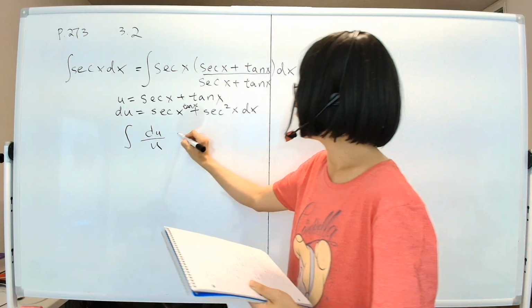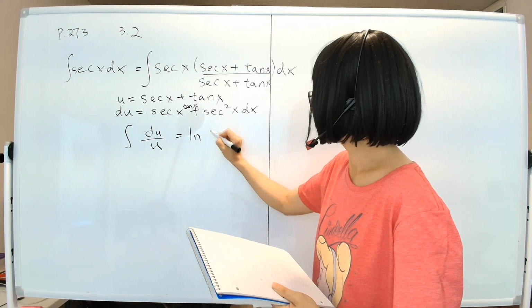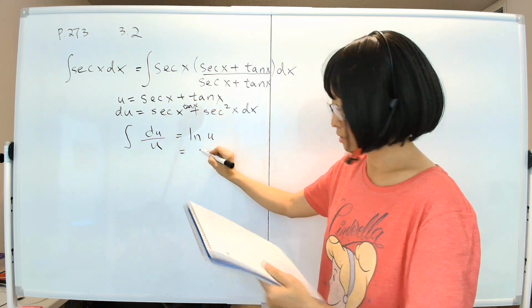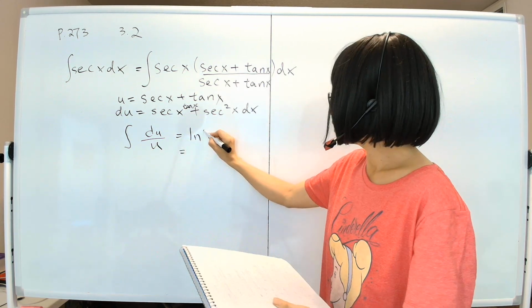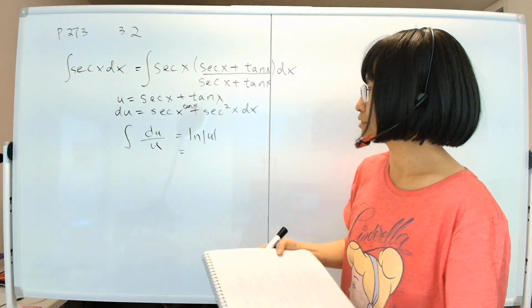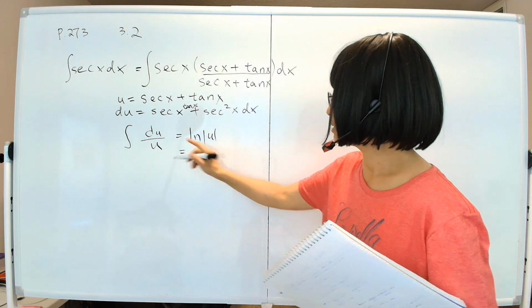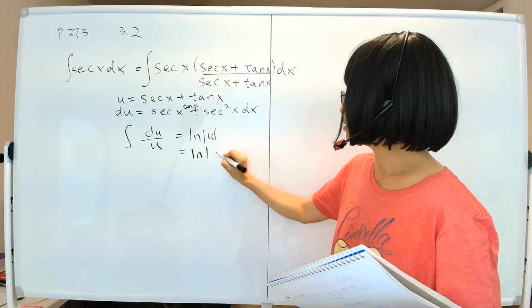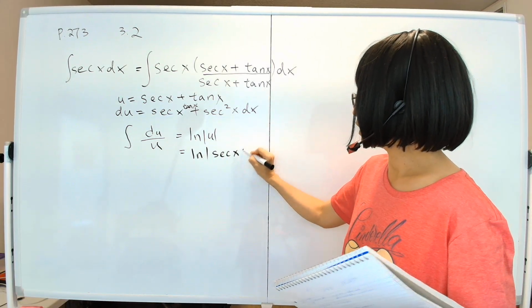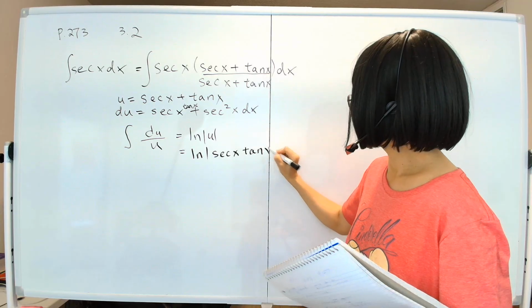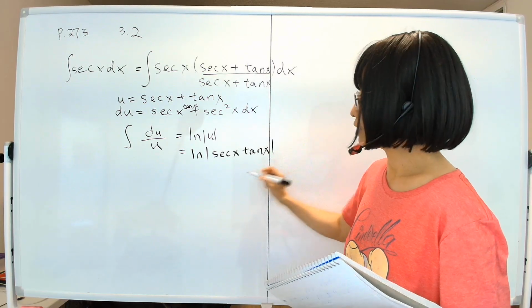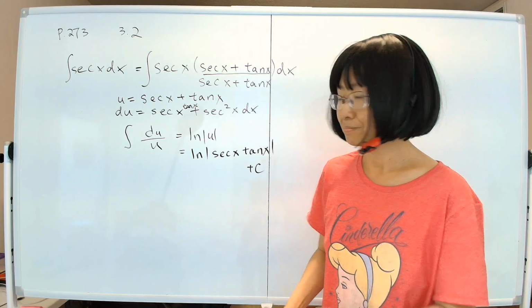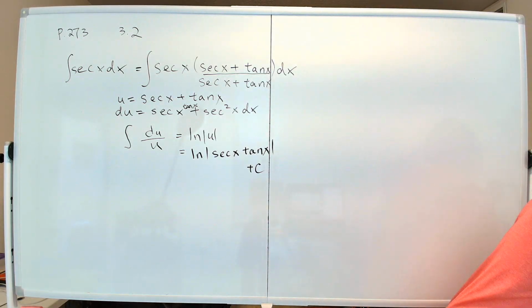Therefore, it equals the natural log of the absolute value of u, because natural log can't take negative numbers. Stick u back in there, which is secant x plus tangent x, plus your constant, of course. So that's how the secant is integrated in Calculus 1.